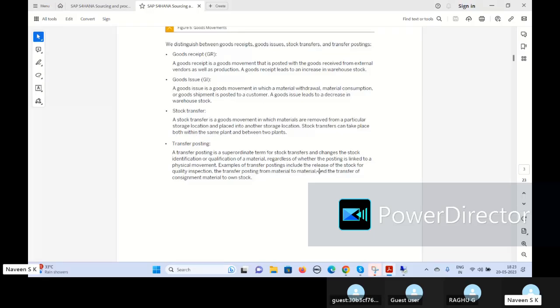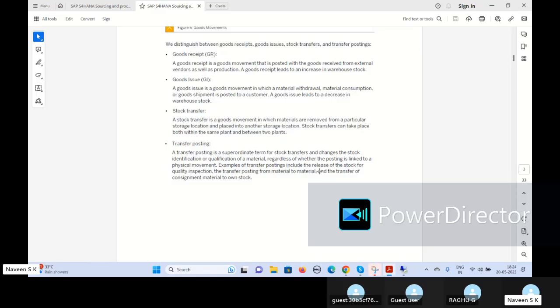What I'm saying is, chemicals A, B, C are all in the same location. Then only it is transfer posting. It is like we are mixing, and mixing means they are in the same location, the same lab. Consider one chemical lab. That lab is a storage location or a warehouse where they prepare and produce the chemical. A is not in a separate place.